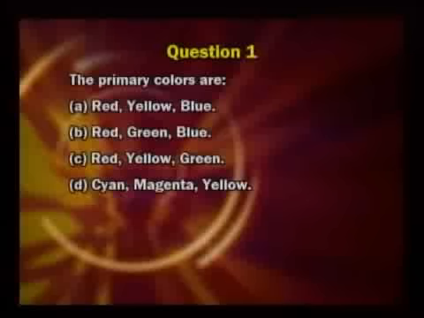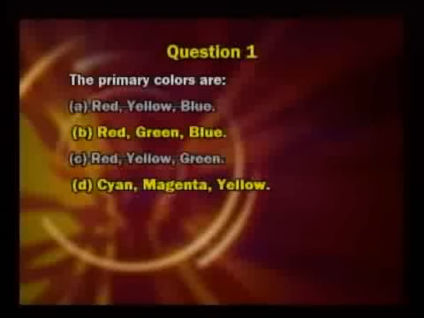And D, cyan, magenta, and yellow. B and D. Any other opinions? B and D are correct. Red, green, and blue are the primary colors for light, and cyan, magenta, and yellow are the primary colors for pigments.